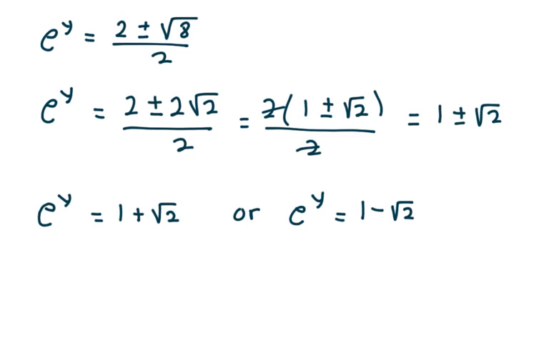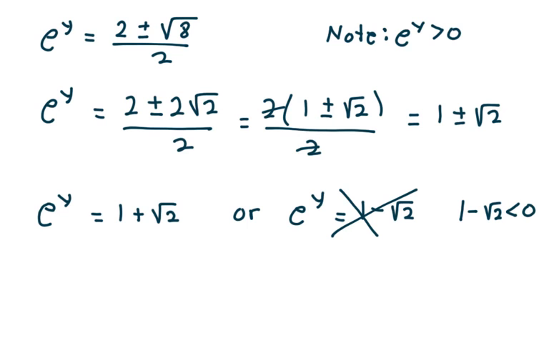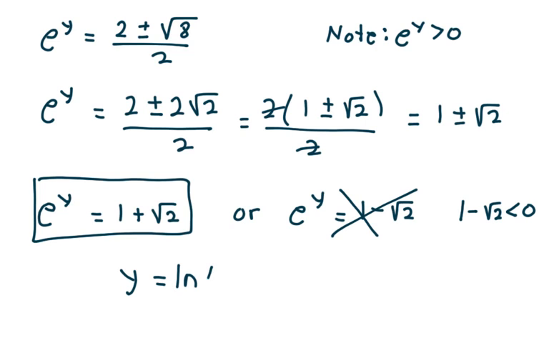Now, remember here, I'm going to put a note up here. E to the y is positive the whole time, the whole entire time. So I claim this can't happen because remember 1 minus square root of 2 is strictly less than 0. And so that says e to the y is 1 plus the square root of 2. But that says y is natural log of 1 plus the square root of 2.